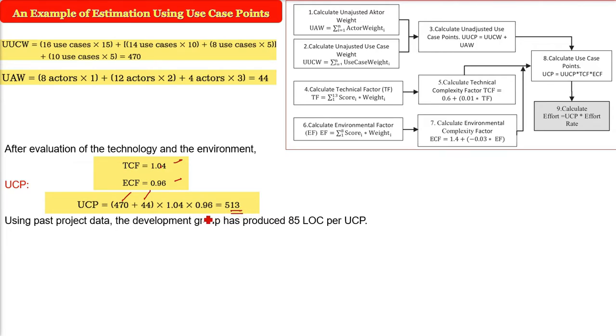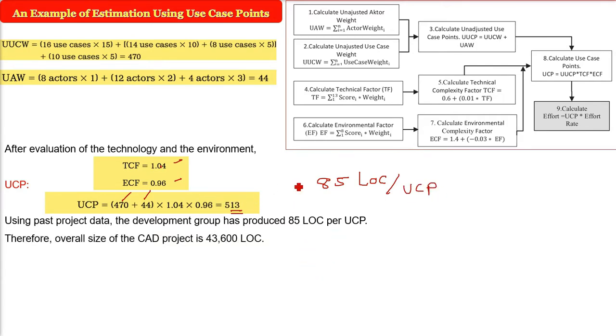Now, what is the significance of this 513? What to do with this 513? This is the whole flow chart I have shown. For example, using the past project data, the development group has produced 85 lines of code per UCP. That is, for each UCP, 85 lines of code will be written.